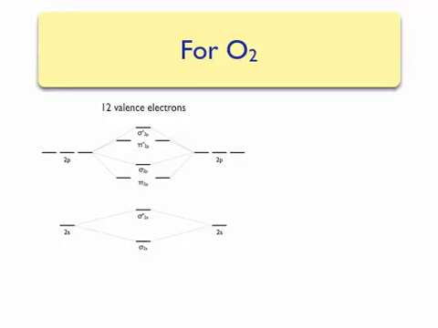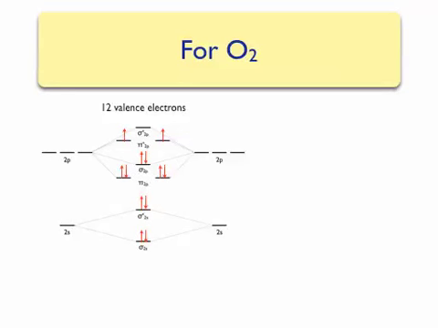For oxygen, we have 12 valence electrons. This places 2 additional electrons in the pi star orbital. Note that these 2 electrons occupy single pi orbitals and are not paired up in one pi orbital.